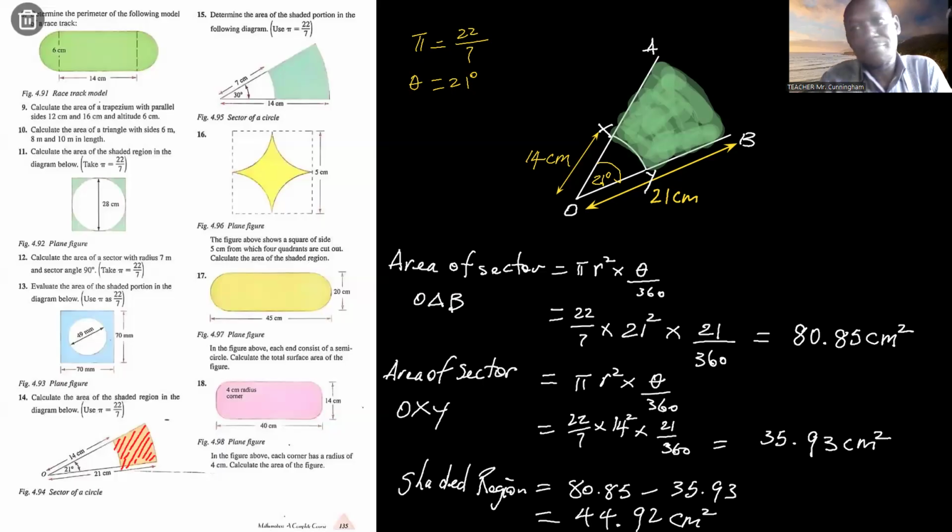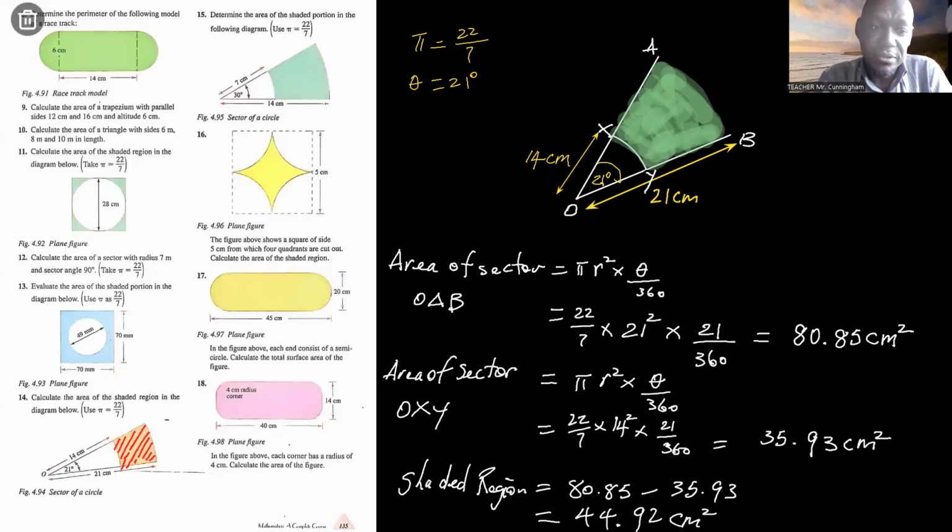All right, do number 17. In the figure above, number 17, we'll do 17 instead. In the figure above, each end consists of a semicircle. That makes it easy. Number 18 is a little more tricky. I'll leave that one for you for homework. See if you could do 18.